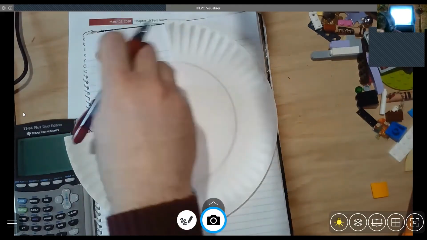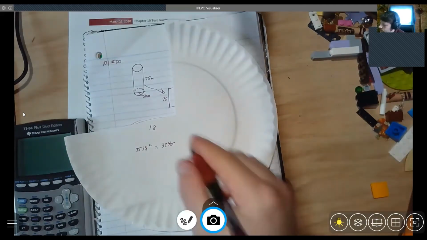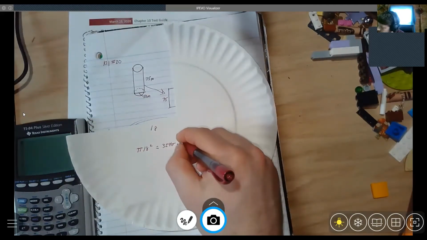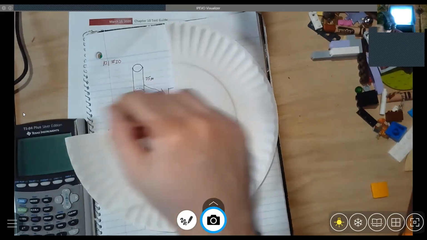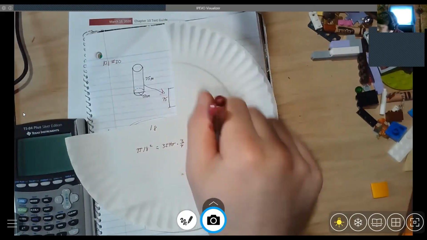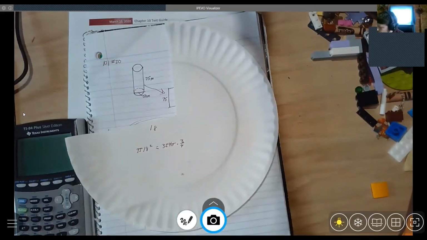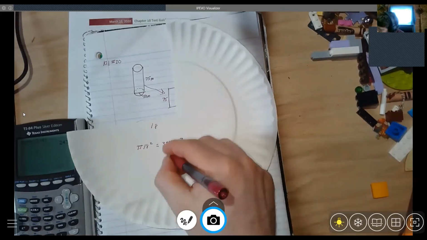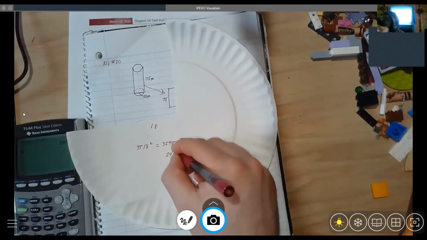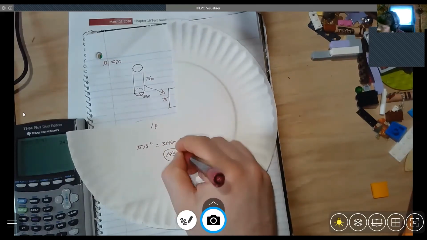We're missing a quarter of the circle. So we multiply this by 3/4, because we're missing a quarter, but we have 3/4 left. So 324 times 3/4 gives me 243 pi for part A.